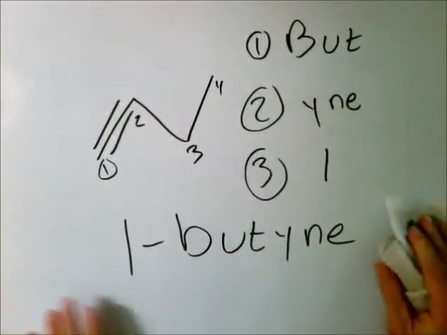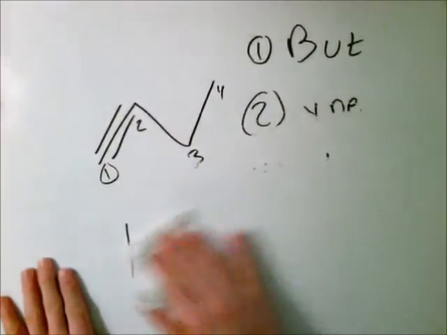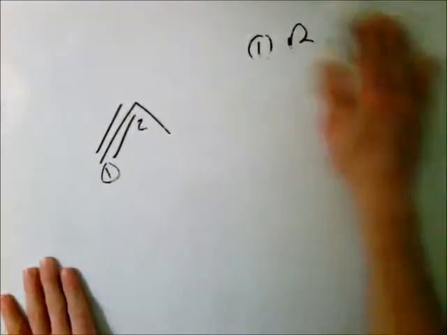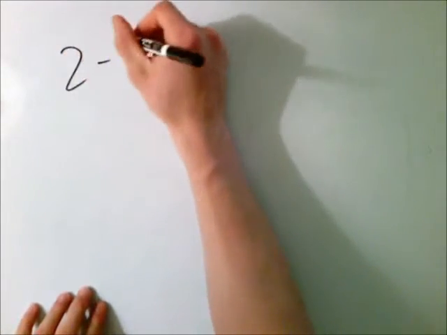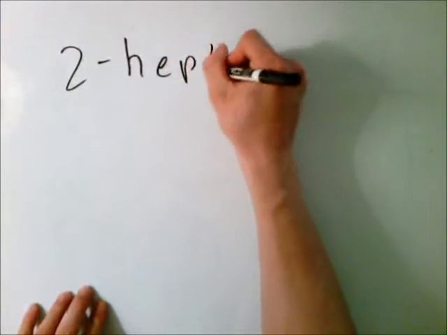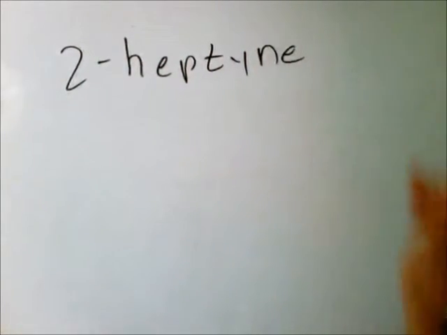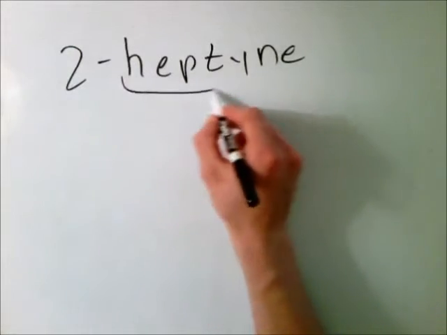Alright, we'll do one more example in reverse. Might be overkill, but repetition's always good. Let's say on a test you were given 2-heptyne and you were asked to draw the bond line structure. Well, let's take our information, hept.